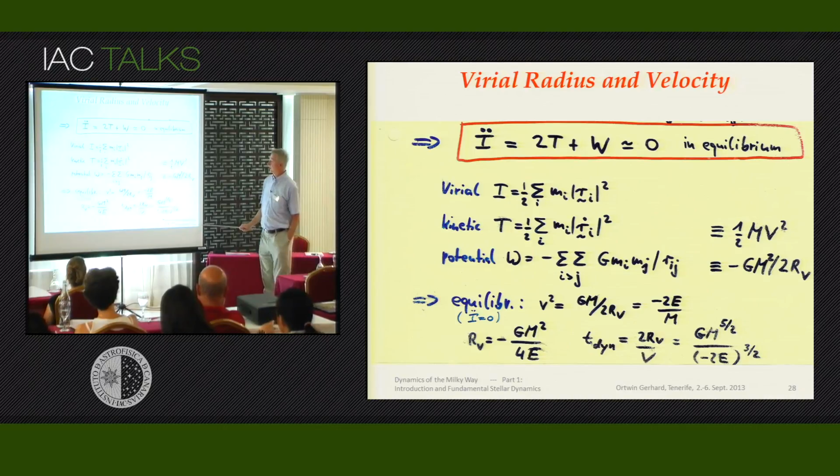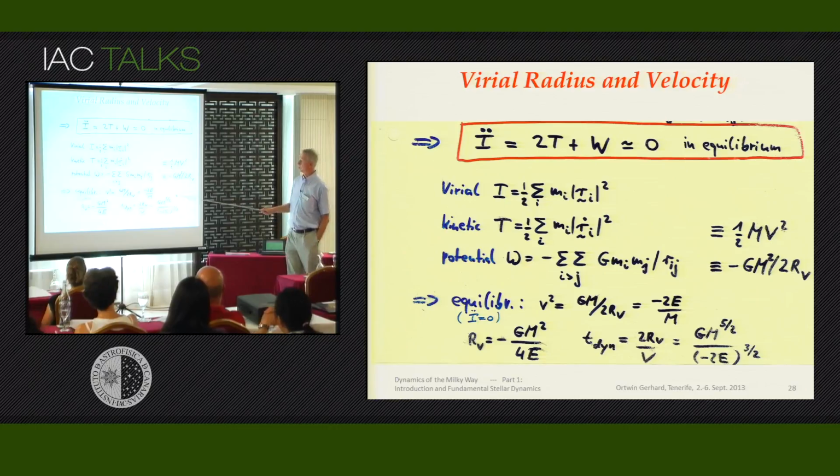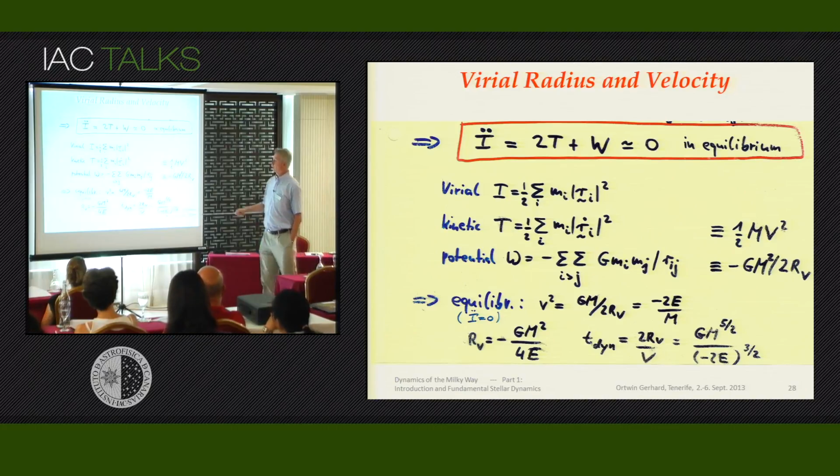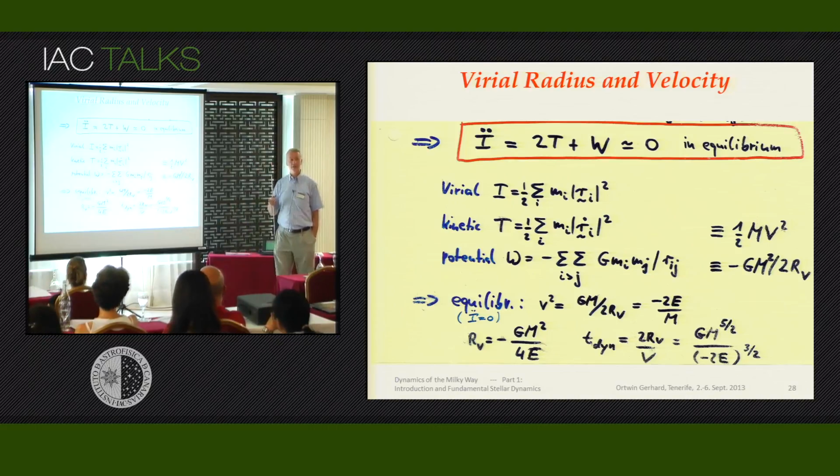And then, putting in those previous numbers, you can see this goes like the mass of the system to the 5/2 divided by the energy to the 3/2. And another way to express this also is like 1 over the square root of density, essentially.